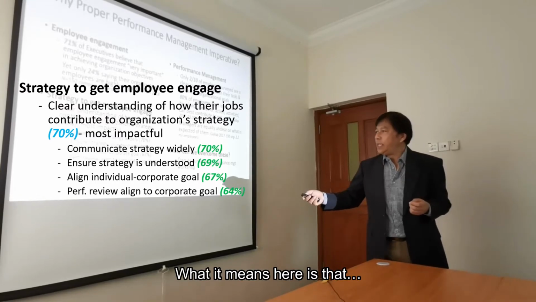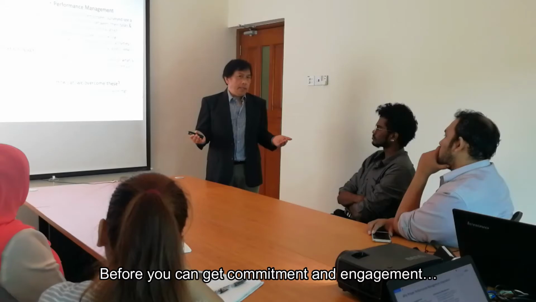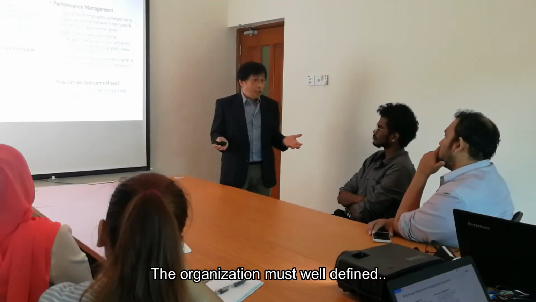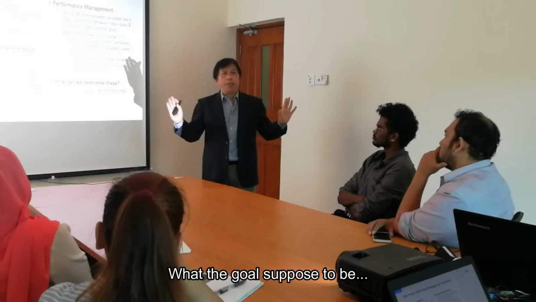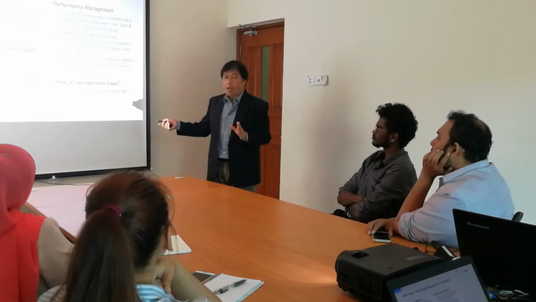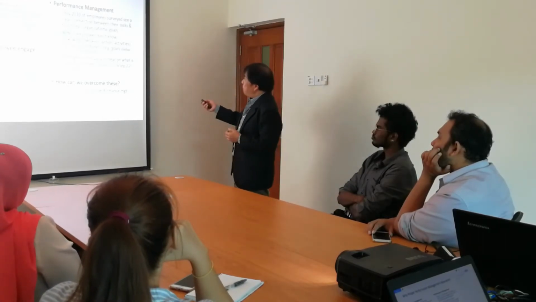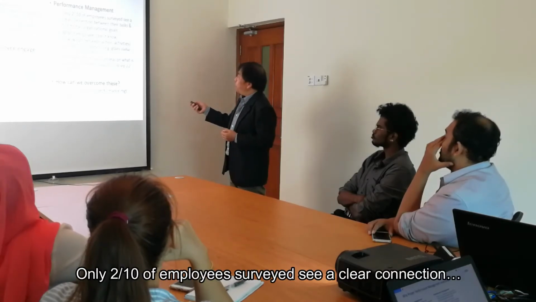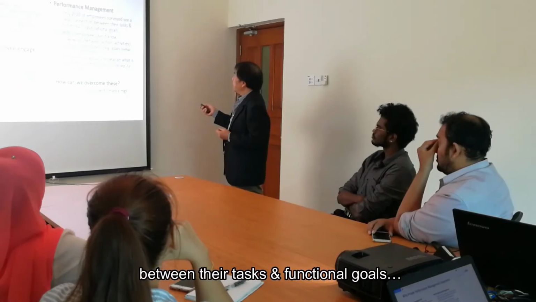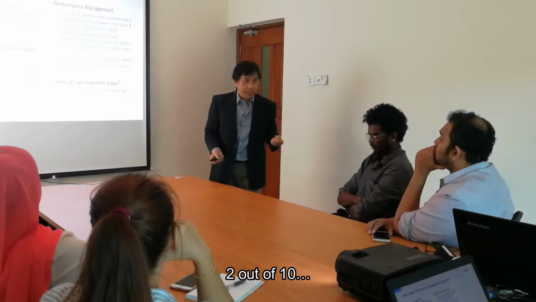So what it means here is that before you can get the commitment and the engagement from the employees, the organization must well define what the goal is supposed to be. But ironically, we still have a challenge around that. Yeah? Performance management. 2 out of 10 of the employees surveyed see a clear connection between the task and also the functional goal. 2 out of 10.